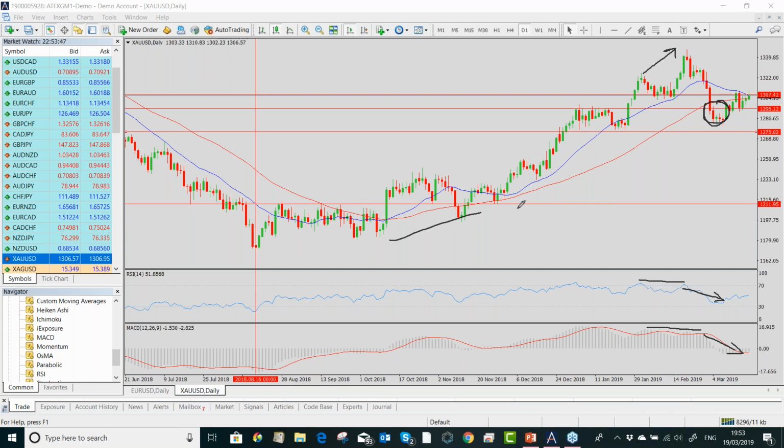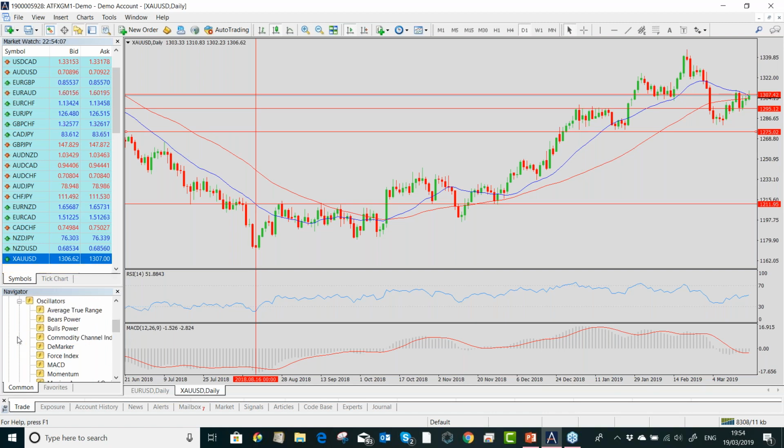So that suggests that this trend is no longer healthy, and perhaps we could be about to start a further move to the downside. So that can help us with our strategy as well. And then we can also have things like Bollinger Bands.